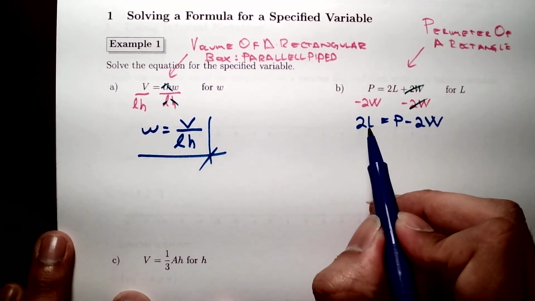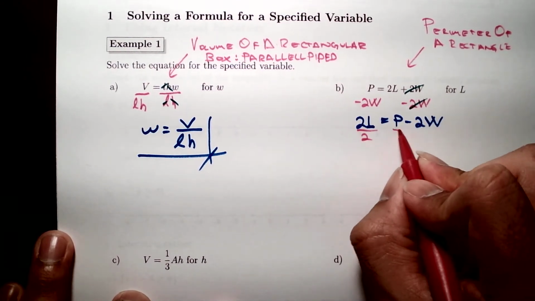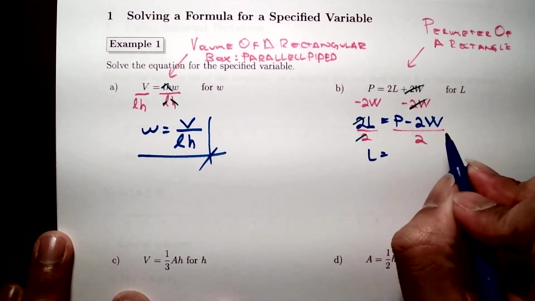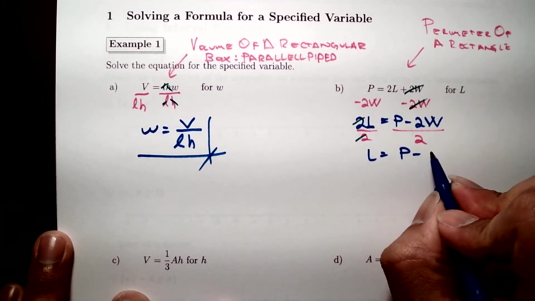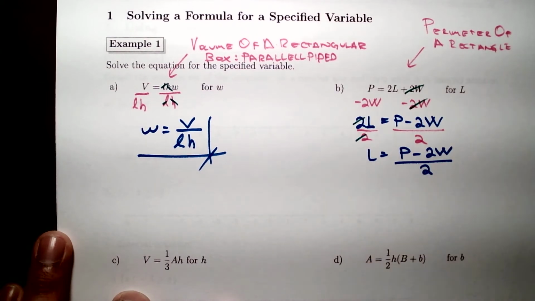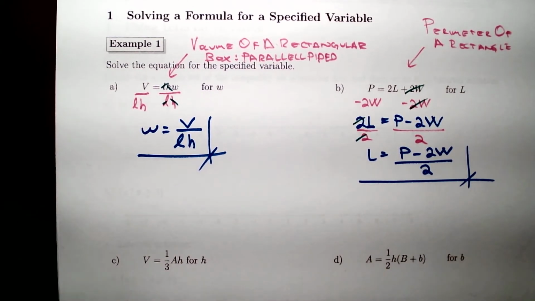And in order to get the L by itself, all we do is divide both sides by 2. Cancel, cancel. And this is L equals P minus 2W, divided by 2. And that is the final answer.